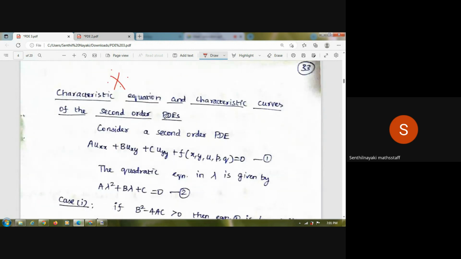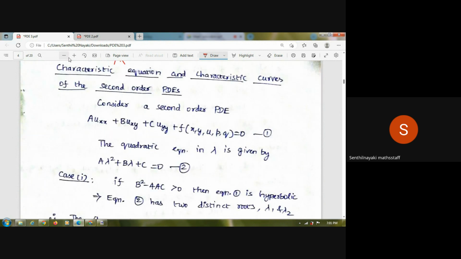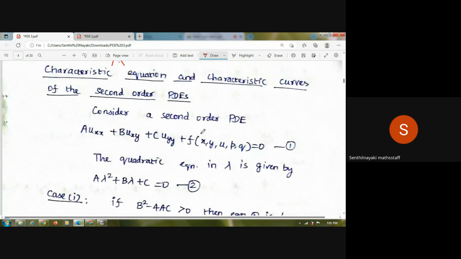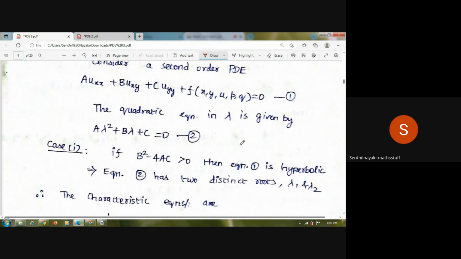Next we are going to discuss the characteristic equation and the characteristic curves of a second order PDE. Consider a PDE. Already I have given this second order PDE equation. Here also I am taking the same equation.